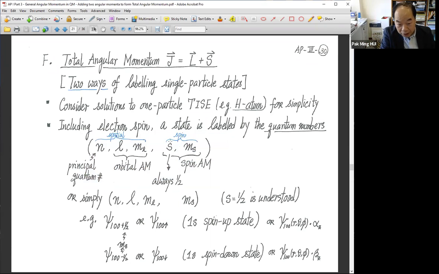Because s is always a half, the convention is that we are being lazy so that you won't see this half too often. Therefore, you will see four quantum numbers. But for completeness, you have l and ml, and you should have s and ms. You skip the s simply because of laziness.